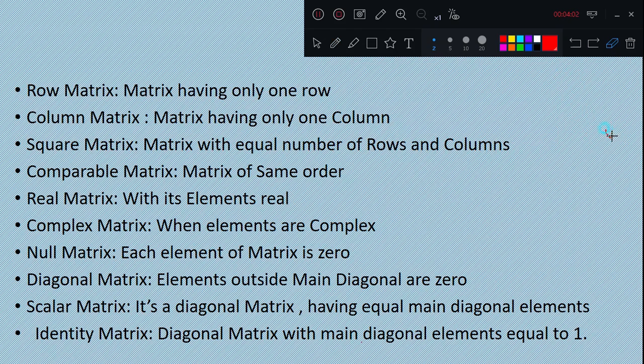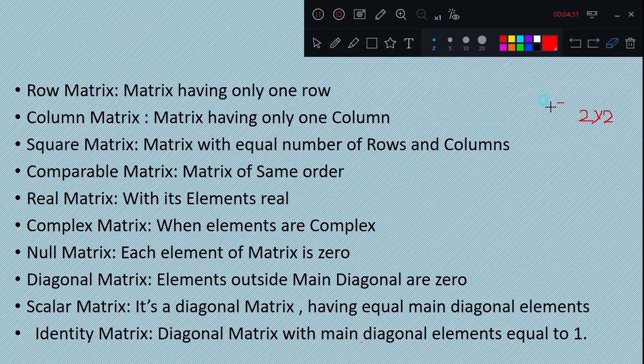Now, a square matrix. A square matrix is one in which the number of rows and the number of columns are the same. That means, say if we have 2, 1, 4, 5, these are the elements of a matrix. Since the number of rows and number of columns are the same, we say this is a square matrix and its order is like 2 cross 2 or 3 cross 3 or whatsoever.